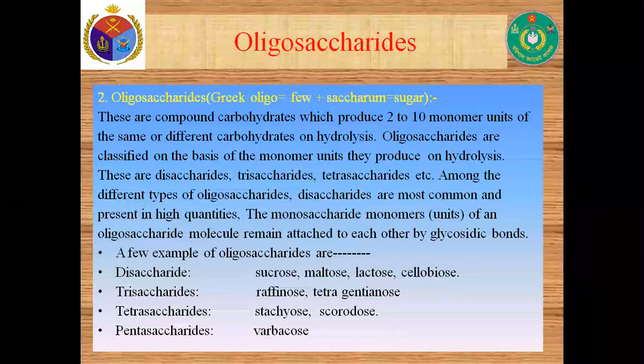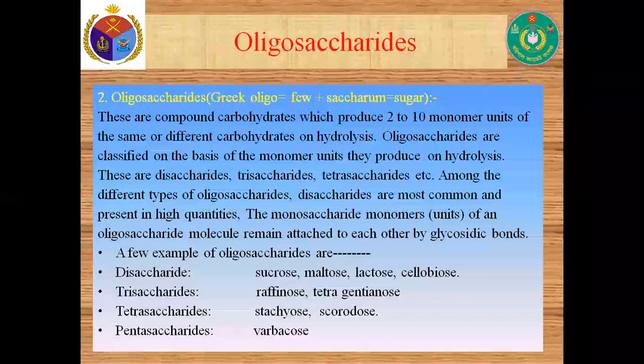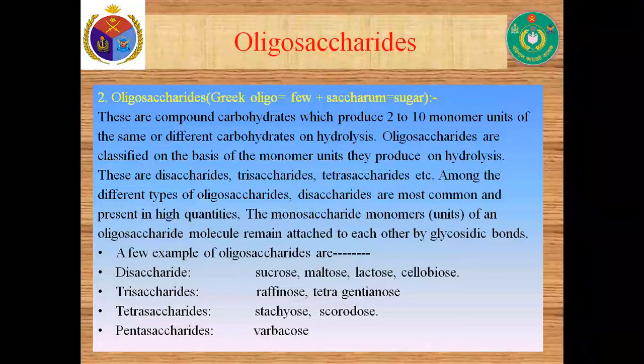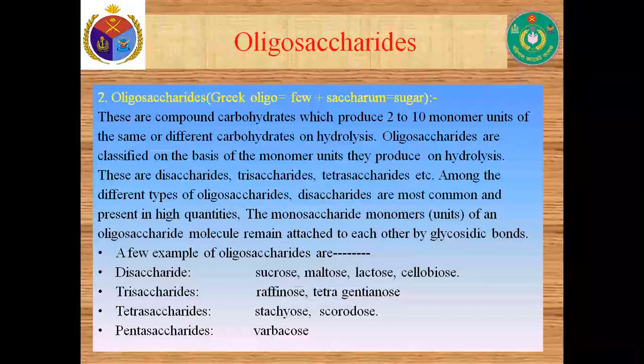These are disaccharides, trisaccharides, tetrasaccharides, etc. Among the different types of oligosaccharides, disaccharides are most common and present in high quantities. The monosaccharide monomers of an oligosaccharide molecule remain attached to each other by glycosidic bonds. A few examples of oligosaccharides are sucrose, maltose, lactose, raffinose, etc.